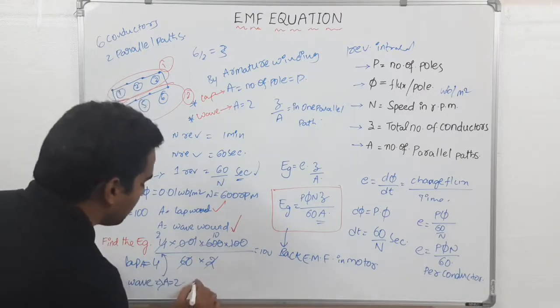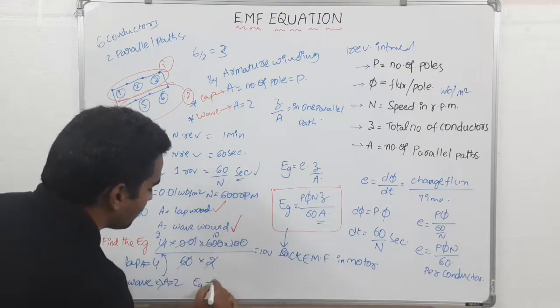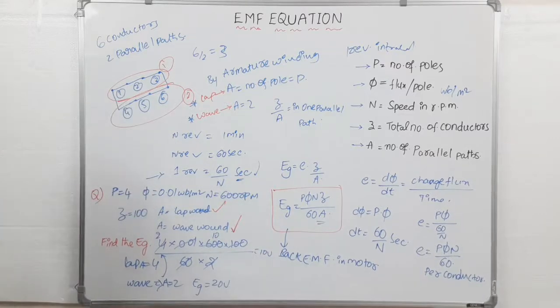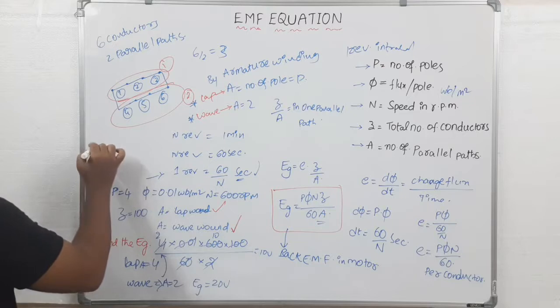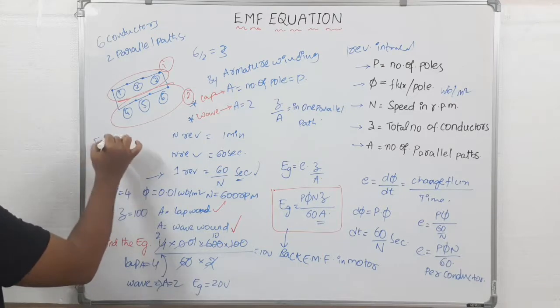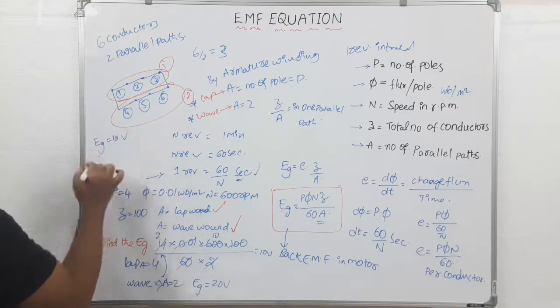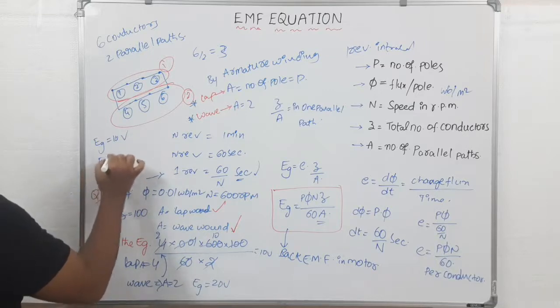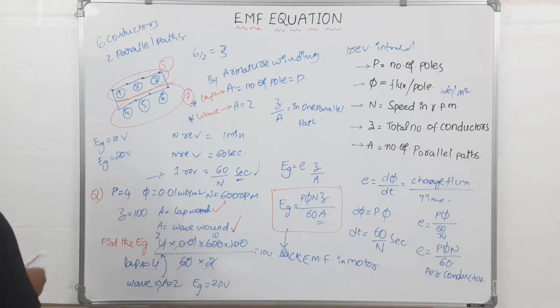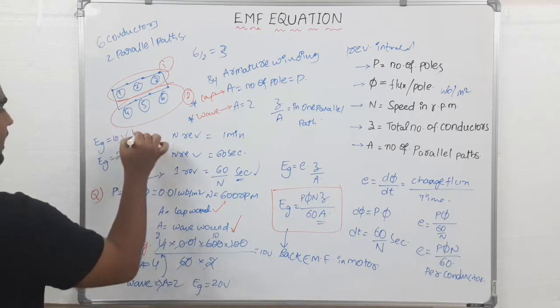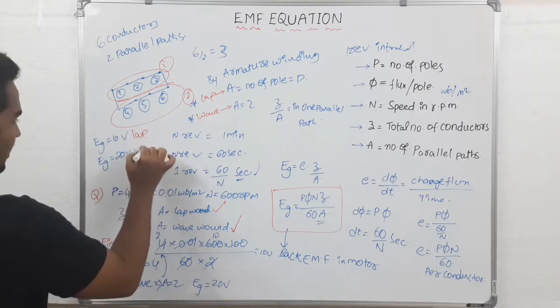Therefore for wave winding, Eg equal to 20 volt. So for this problem, if it is a lap wound machine, generated EMF Eg equal to 10 volt, and for wave wound, Eg equal to 20 volt.